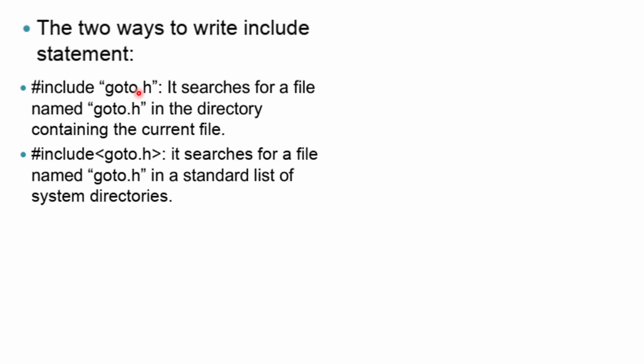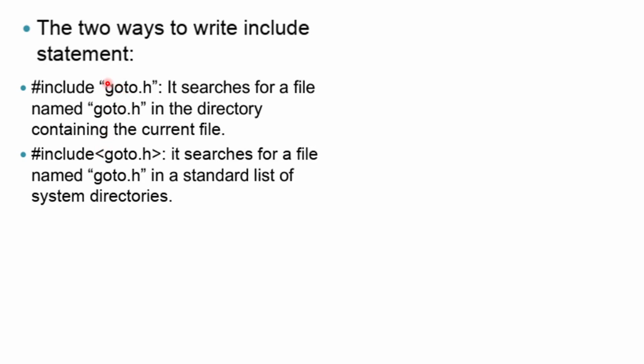But if you are including some user defined header files, like you have created your own header file for some purpose, then where you have kept the header files depends on that. You have to choose either double quote or angular bracket.